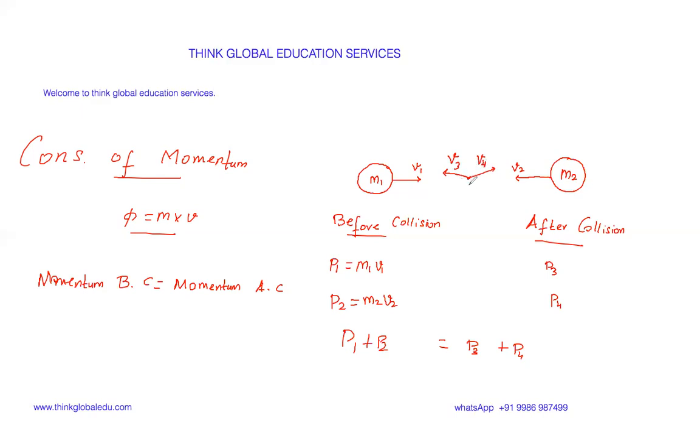In some cases, the velocities of the objects might reverse. We shall discuss that when we discuss the types of collision. Here we are discussing conservation of momentum, and according to it, momentum before collision is equal to momentum after collision, and we can look at an example.